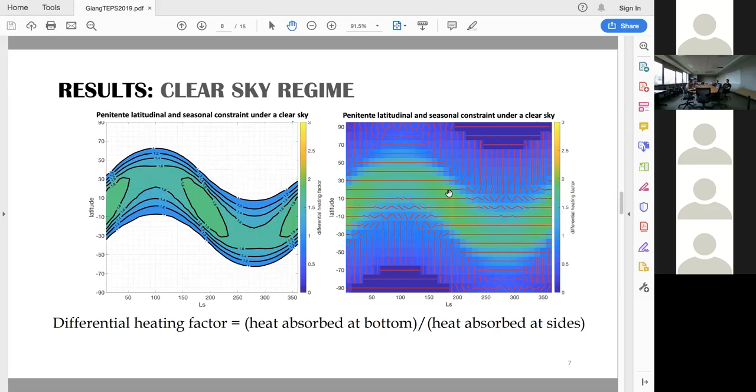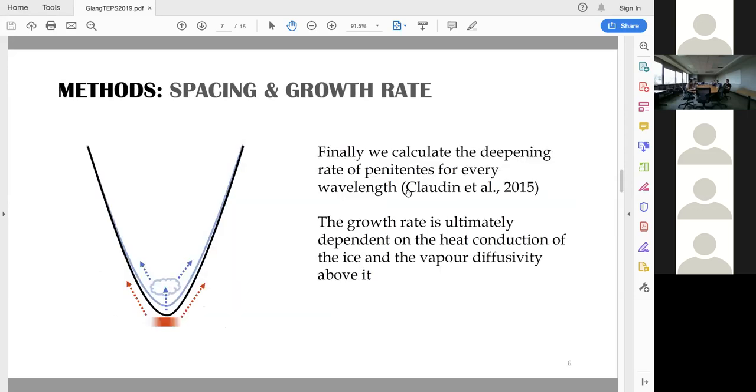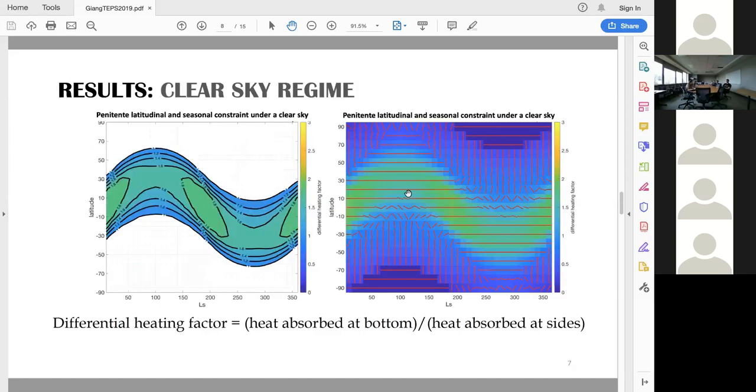Oh, so what I've worked on so far is actually with water-based penitentes, and you're asking about CO2. CO2 penitentes are possible on Mars; I haven't done the math myself.